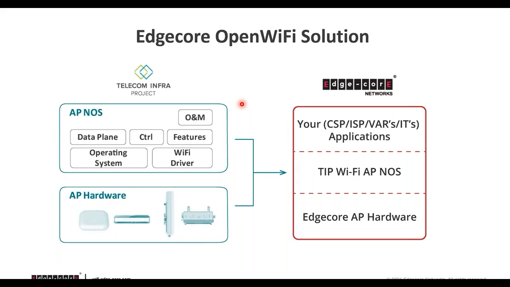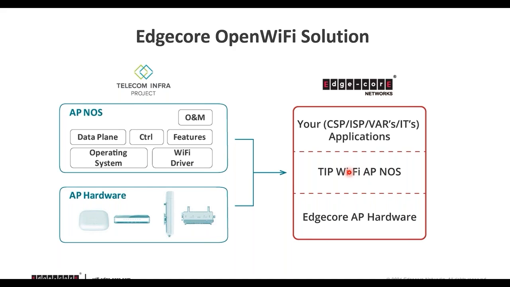And let us talk about the Edgecore Open Wi-Fi solution. Edgecore contributes a series of access points to TIP, and they load the TIP Open Wi-Fi network operating system, based on OpenWRT, and TIP Open Wi-Fi continues to develop the features.